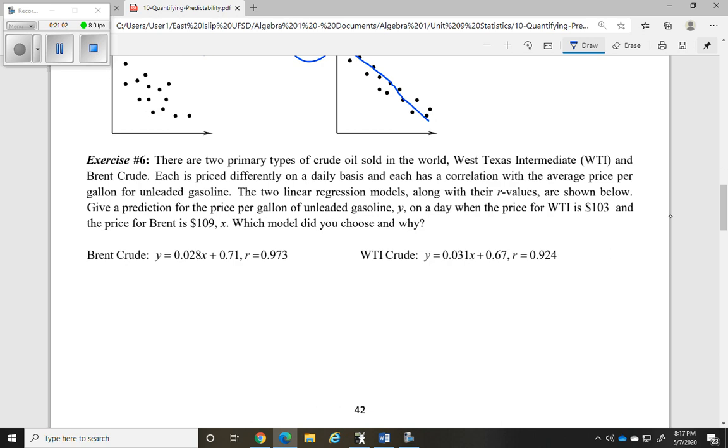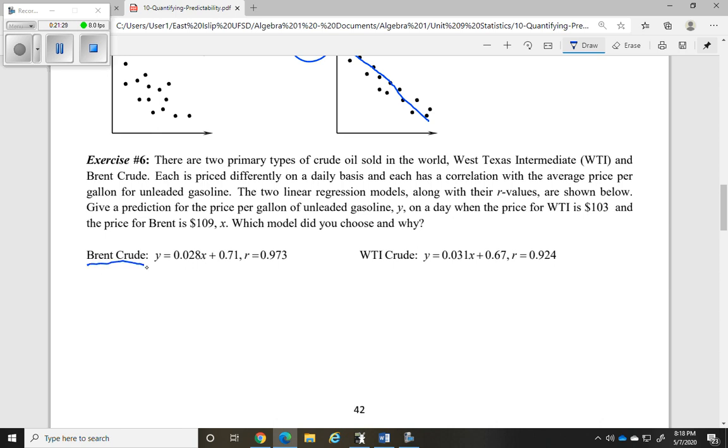Exercise 6. There are 2 primary types of crude oil sold in the world: West Texas Intermediate and Brent crude. Each is priced differently on a daily basis, and each has a correlation with the average price per gallon for unleaded gasoline. The 2 linear regression models, along with their R values, are shown below.